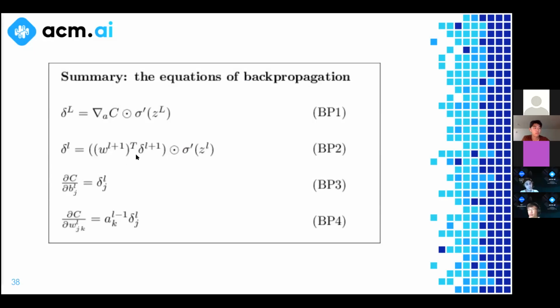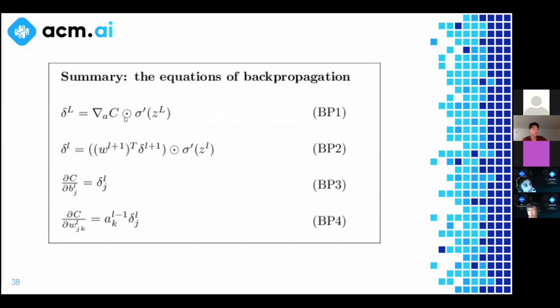This is just a quick summary of all 4 of those equations we just talked about. A brief recap, and if you didn't write them down before, you should write them down somewhere. This is the equation you use to determine the error of the output layer, the final layer in the neural network. This is what jump starts your backpropagation. It gives you the first values that you need.